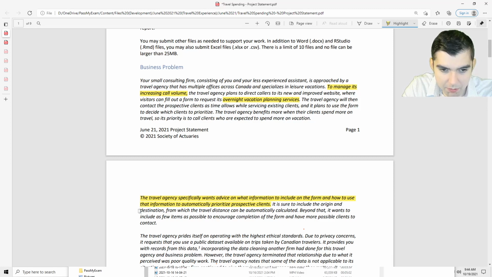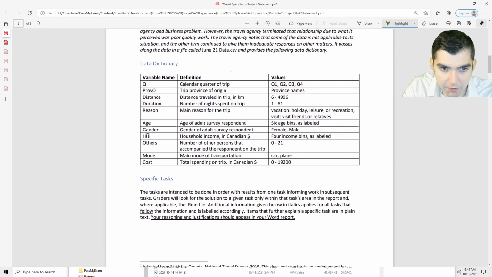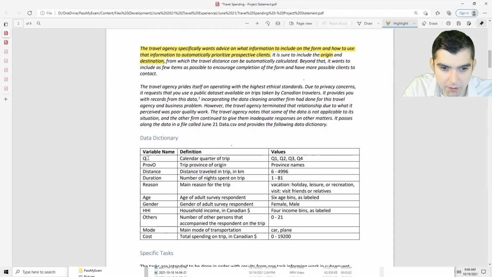Okay, so these are two variables in the data, right? Origin and destination, from which the travel distance can automatically be calculated.